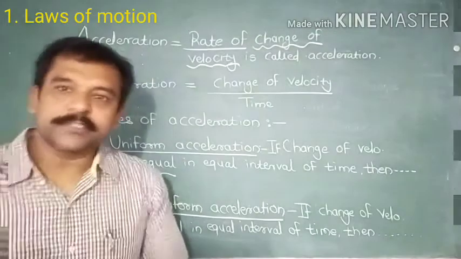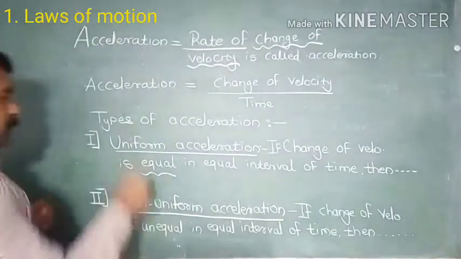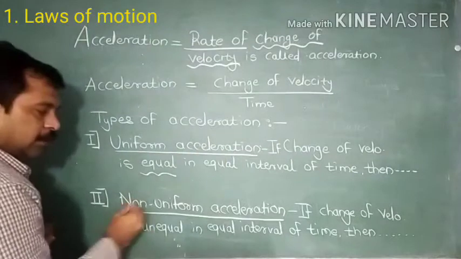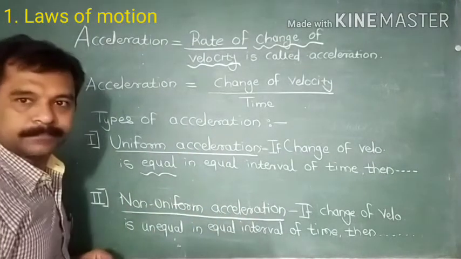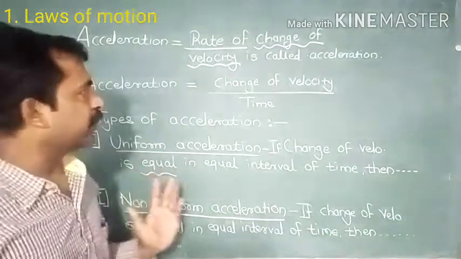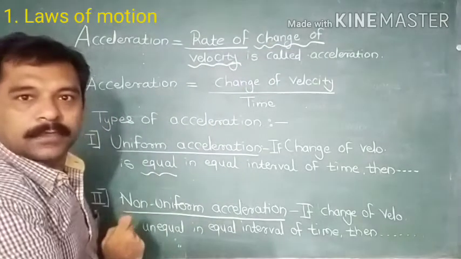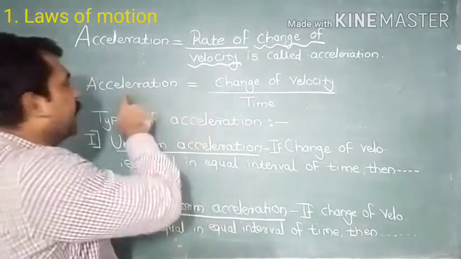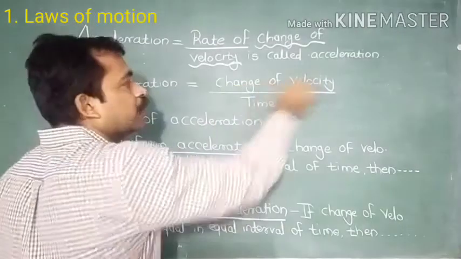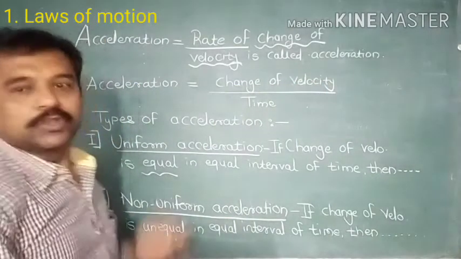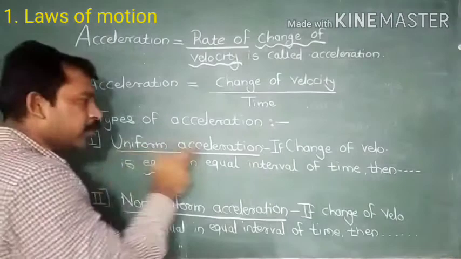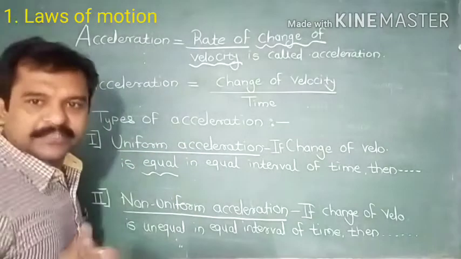Types of acceleration are two. One is uniform acceleration and another is non-uniform acceleration. You see, in the definition of acceleration we said rate of change of velocity. That means acceleration depends upon change of velocity. So while making a definition for uniform acceleration, we can say it like this.